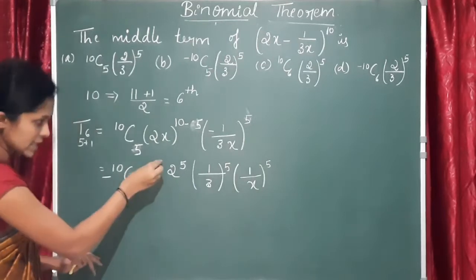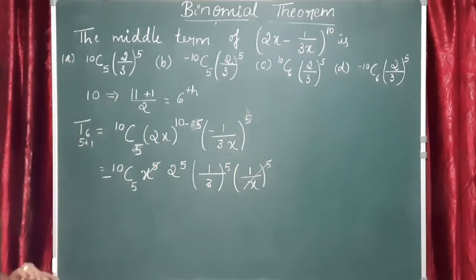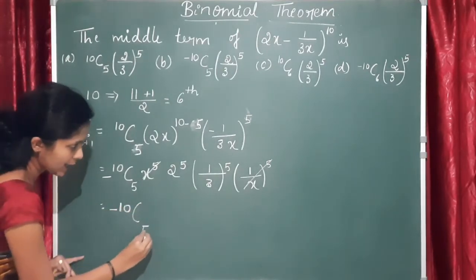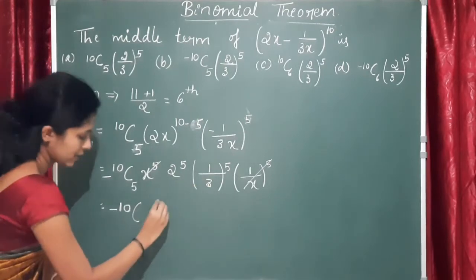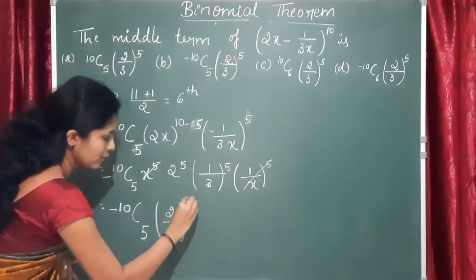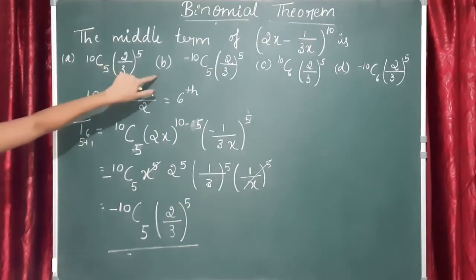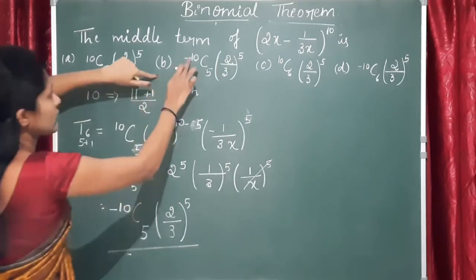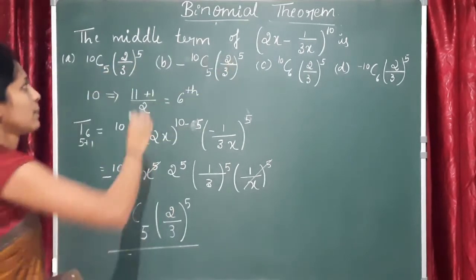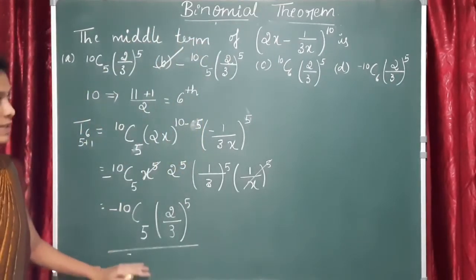So here we can see this x to the power 5 and this x to the power 5 will get cancelled. What is remaining? Minus 10C5, 2 to the power 5, 3 to the power 5. So I can write (2 divided by 3) whole to the power 5. So the answer is minus 10C5 (2 by 3) whole to the power 5. Option B is the answer. I hope you understood this problem. This is a simple one.